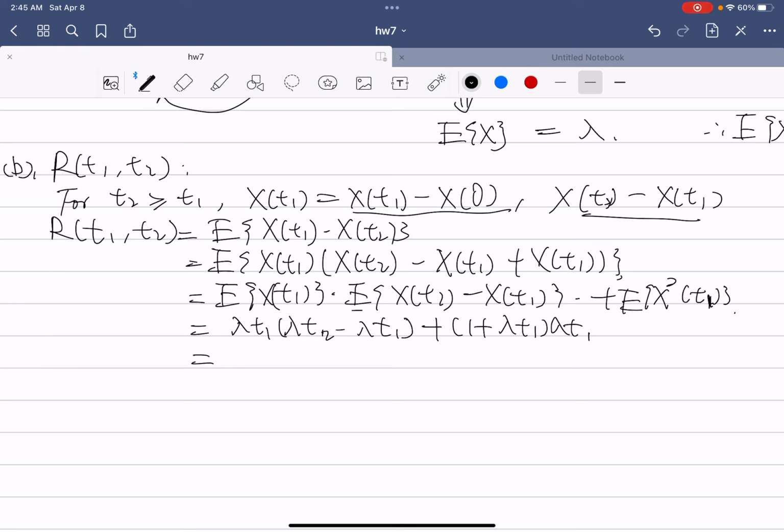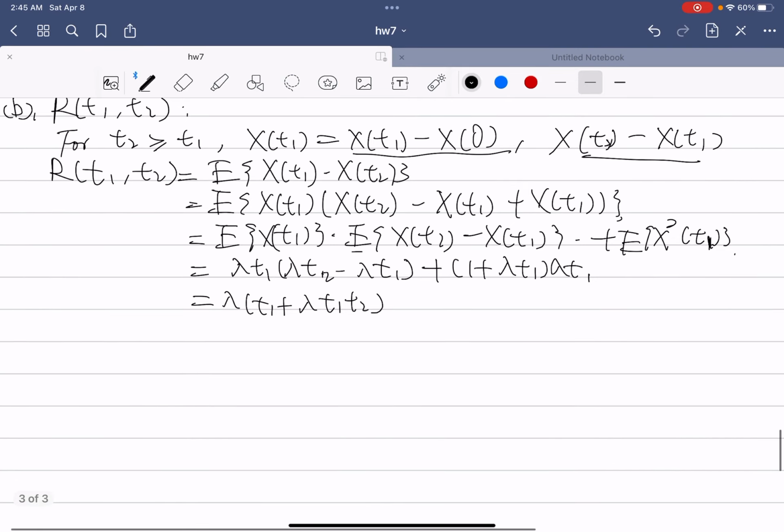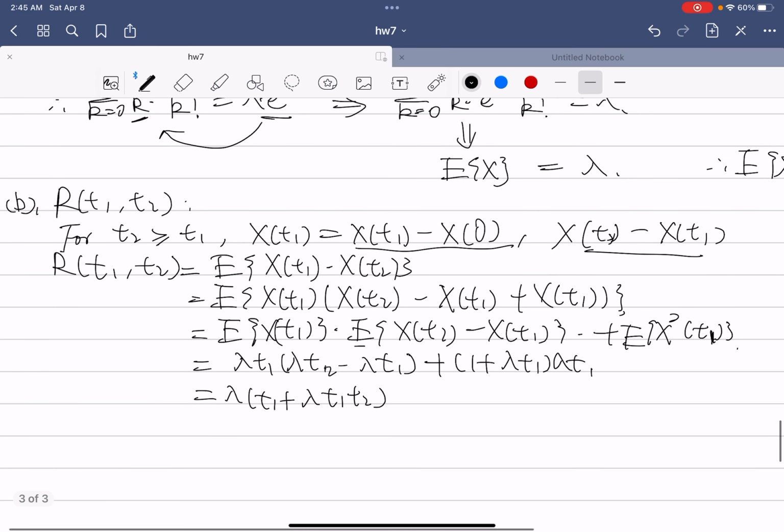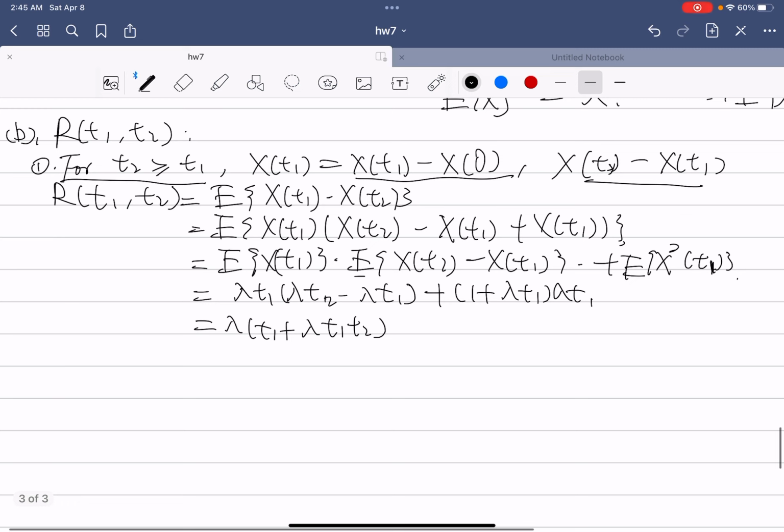That's lambda T1 plus lambda squared T1 T2. This is the first condition.